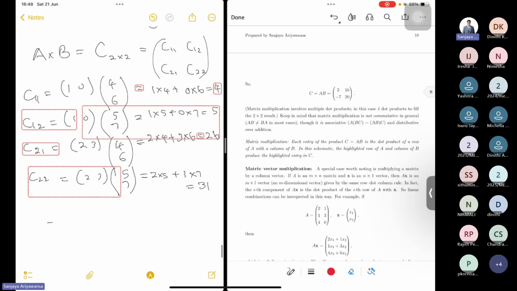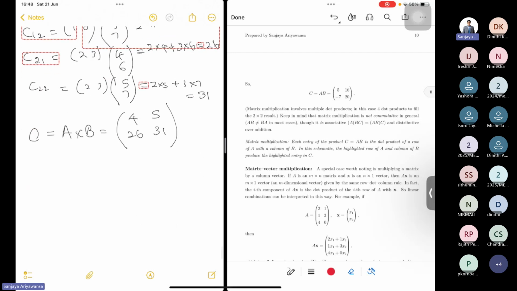So therefore, your matrix C, which is A times B, is 4, 5, 26, 31.